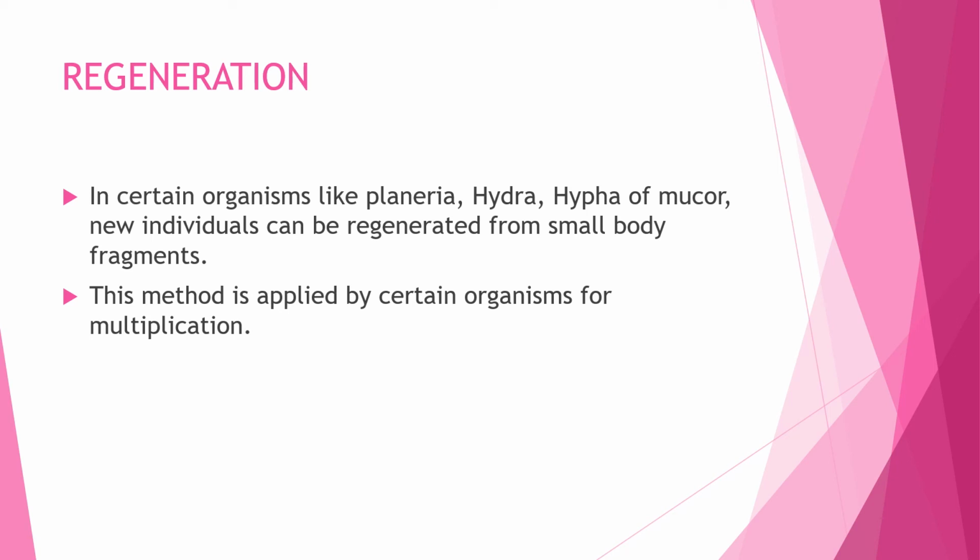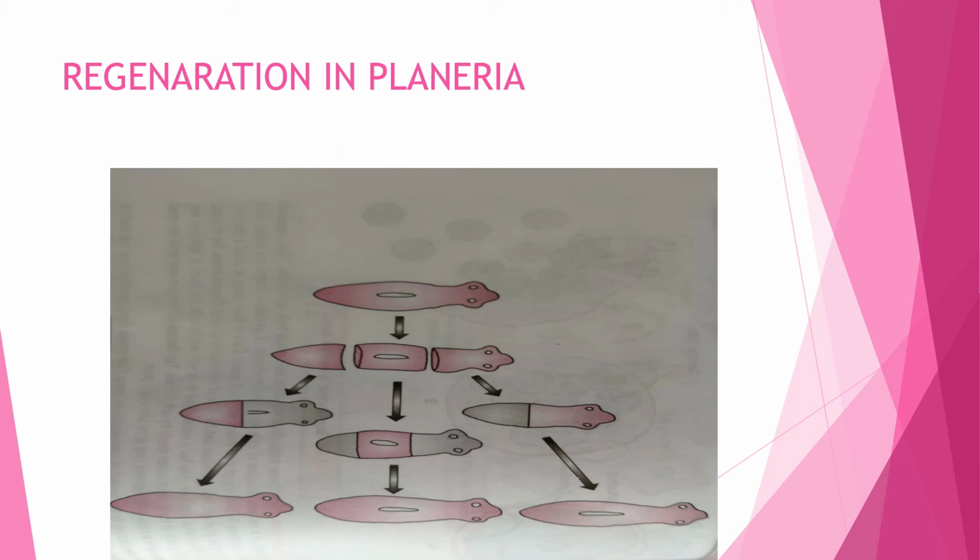But there are certain cases. This is the example of planaria. Here regeneration is a method of asexual reproduction, meaning the planaria multiply. Planaria is a small worm, a flatworm.